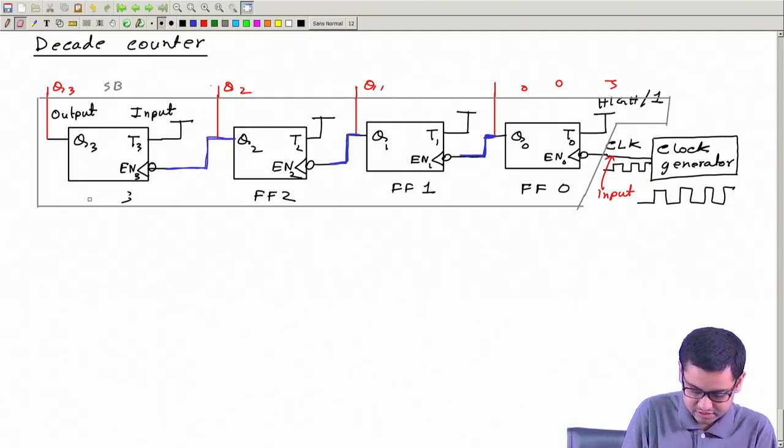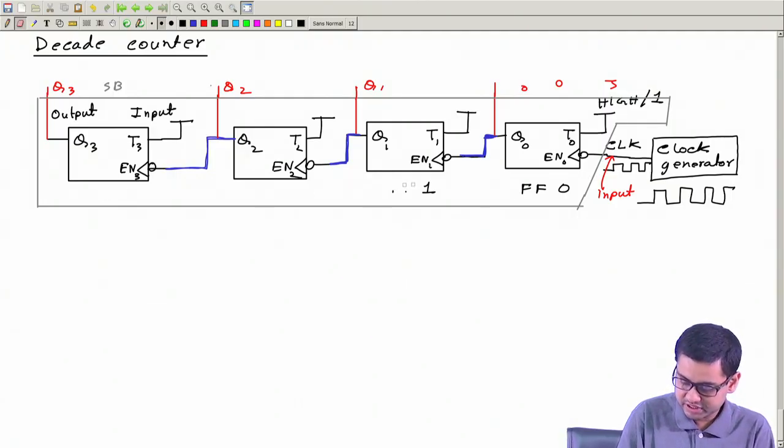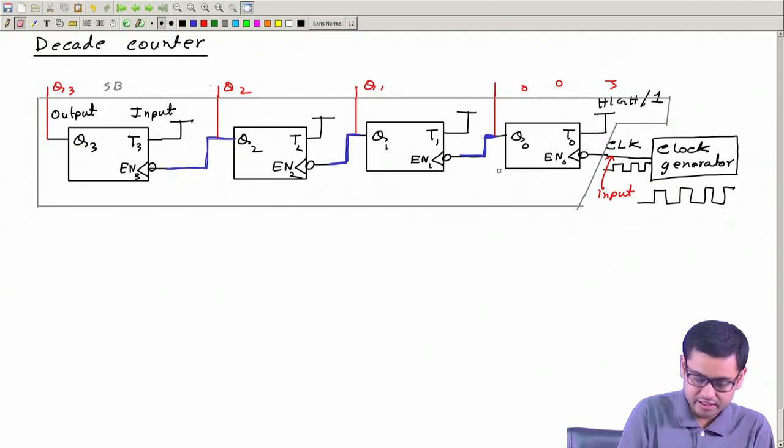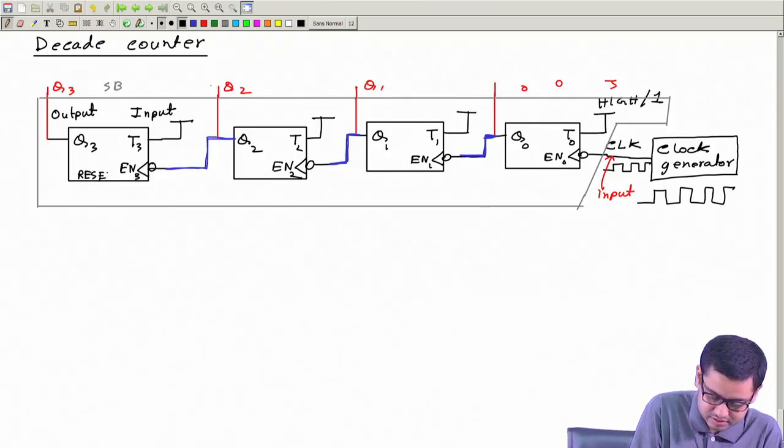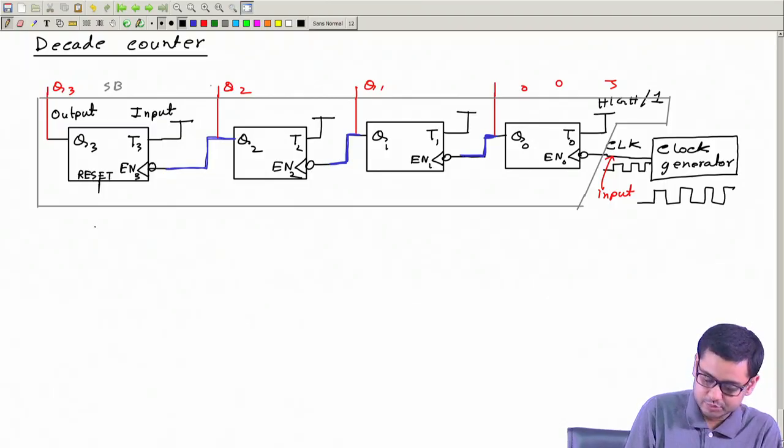Where do I write? Let me erase this and write the reset here, because I do not have space. So this is the reset input. Similarly, this is the reset input, and this is the reset input.